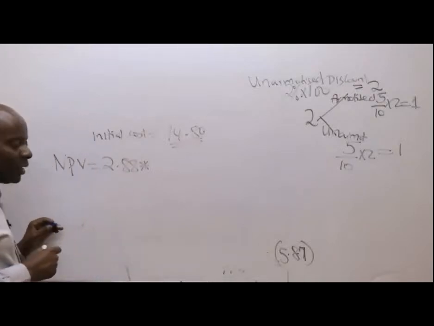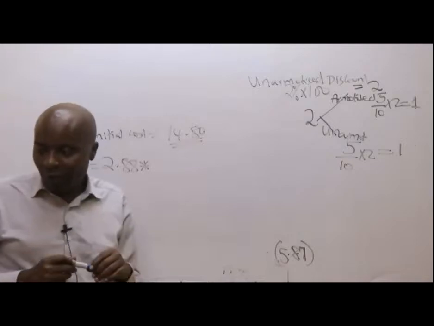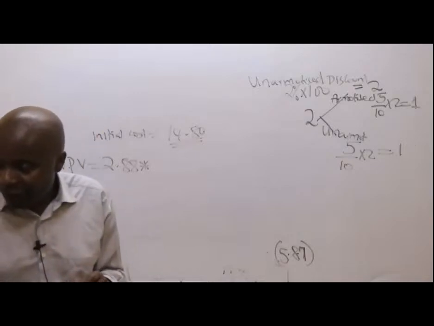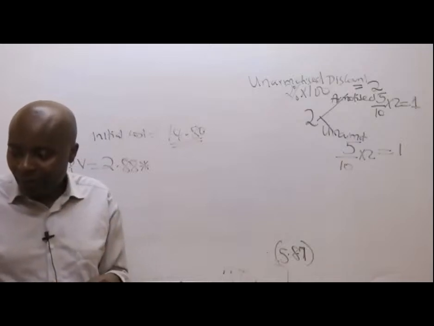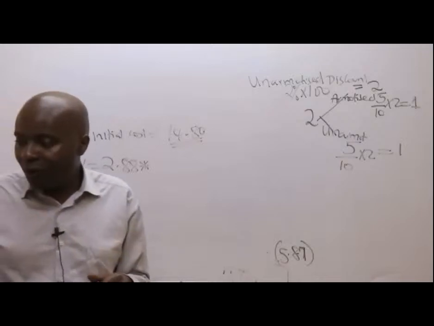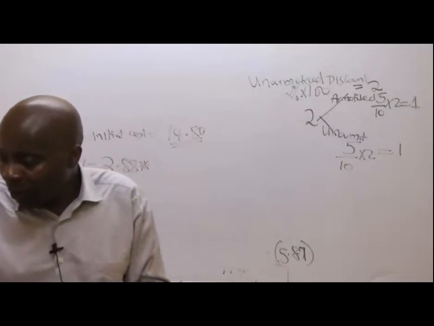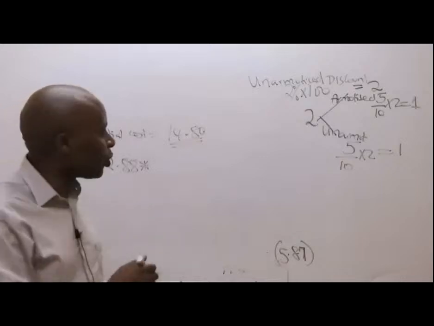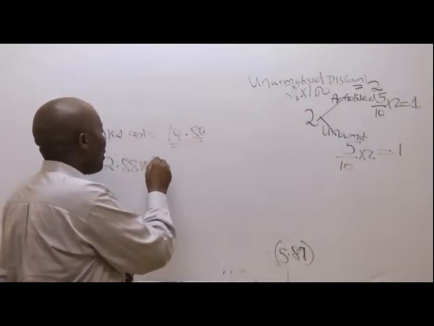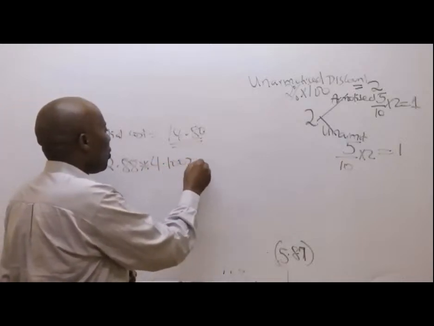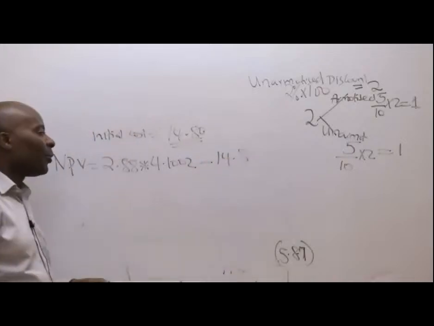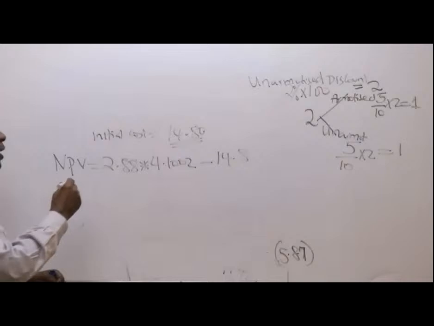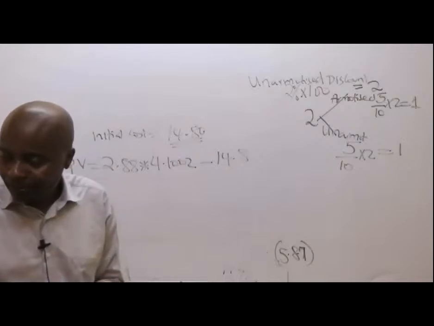What was the PV-FA, the present value interest factor of an annuity? Please remind the teacher, what was the PV-FA? 4.1002. So times 4.1002 minus the initial outlay, which is 14.8.